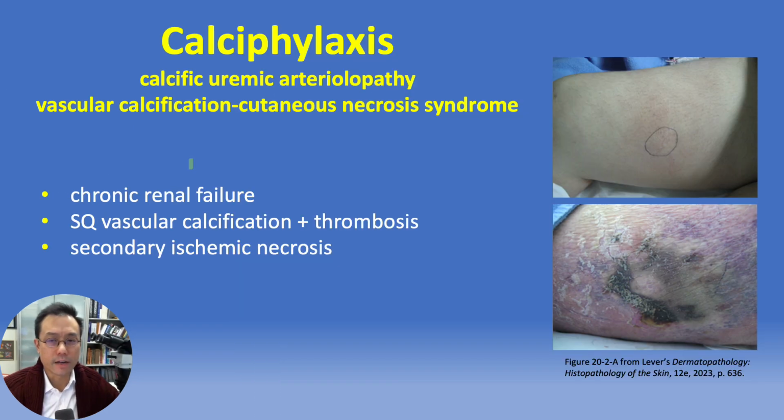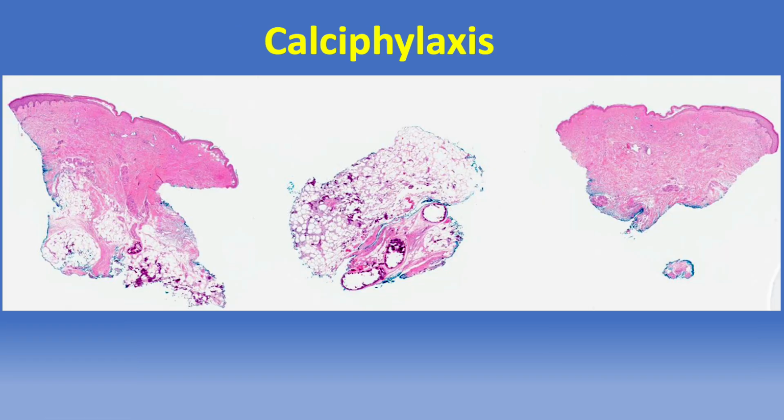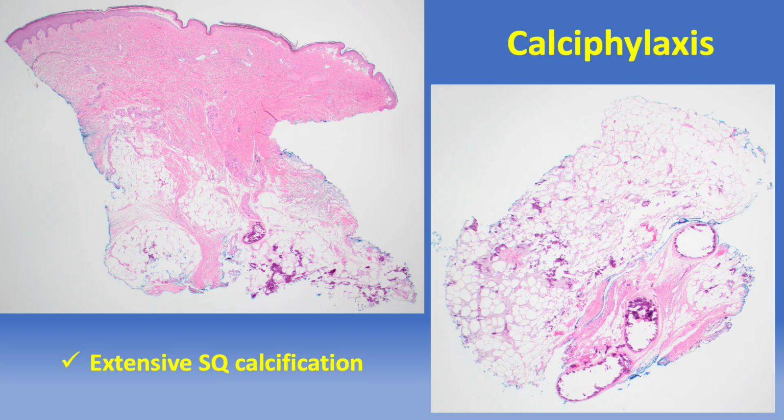Calciphylaxis is a non-vasculitic occlusive vasculopathy characterized by the additional presence of vascular calcification that is typically centered within the subcutis and can range from prominent to subtle or absent, especially in limited samplings. Fortunately, not the case in this biopsy.